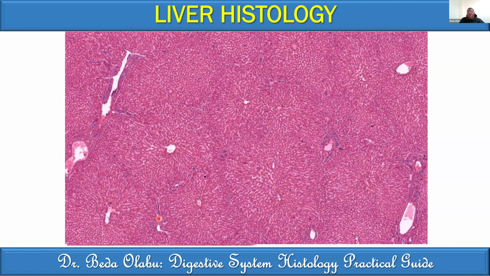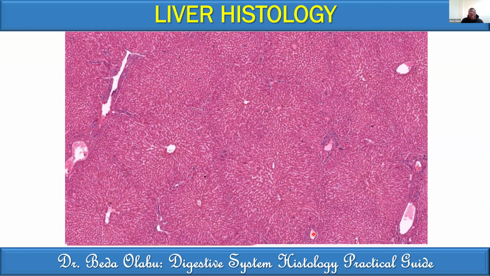You may want to call it the portal venule. And three, you have a component of the biliary ductal system, the intrahepatic ductal system. So you can call it the bile duct or bile ductule, depending on its size.